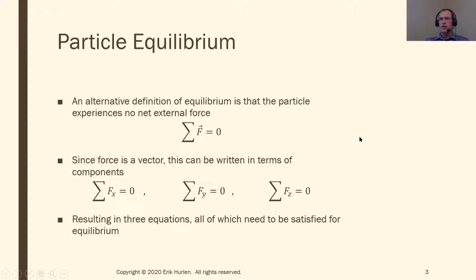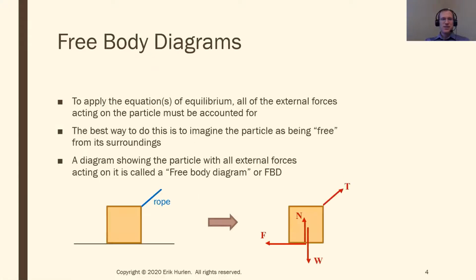Sometimes we're dealing with two-dimensional systems, so only forces in the x and y directions, in which case we only have to solve two equations. The third equation's kind of solved for by default, since there is no force in the z direction, so that's automatically satisfied. So basically, two or three component equations to solve over and over again for the next few weeks.